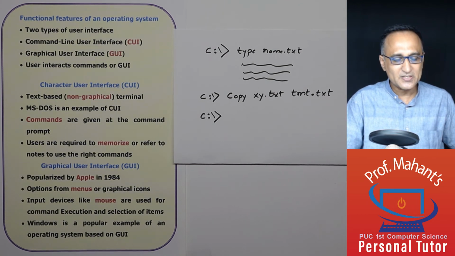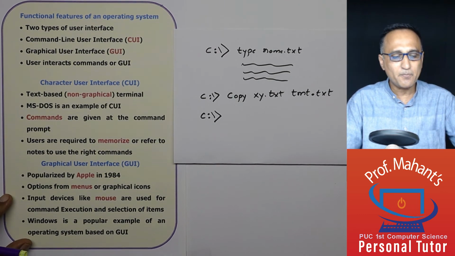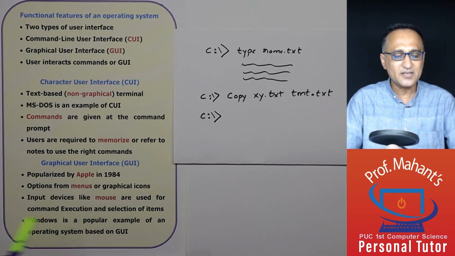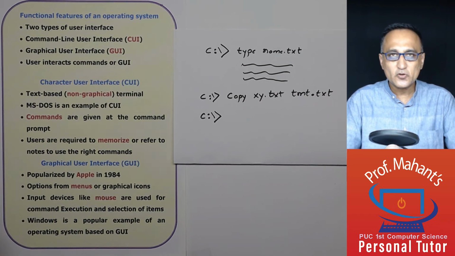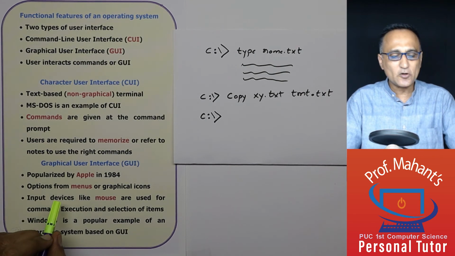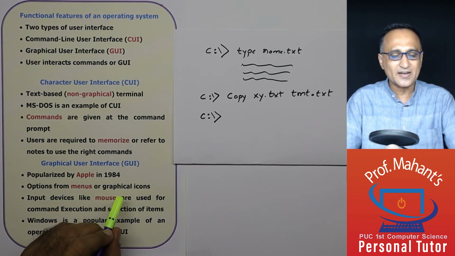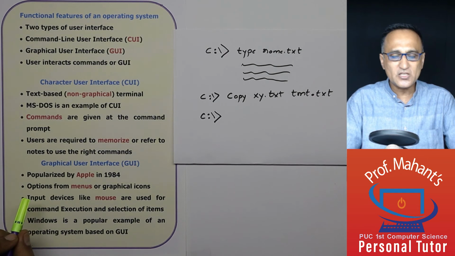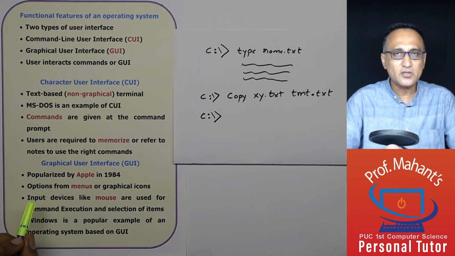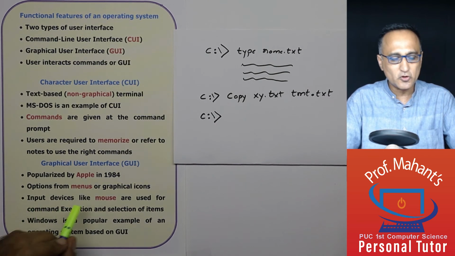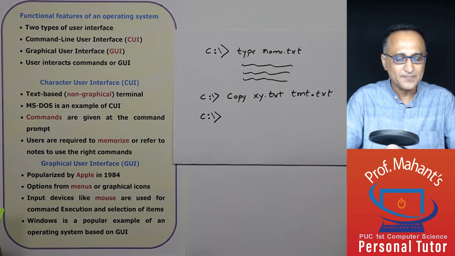Graphical user interface was popularized by Apple from the year 1984. Here, using your mouse, joystick, or any other input device, you select options from menus or graphical icons. Using the menus or options, the click of the mouse and moving around, navigating through the mouse, you are able to select different things.